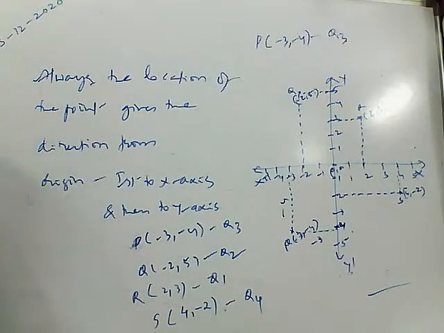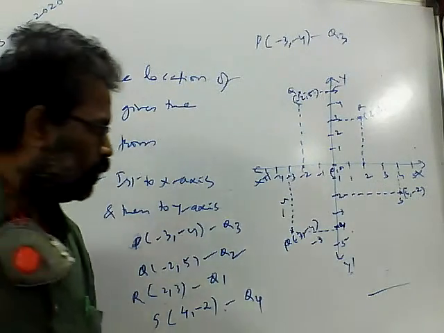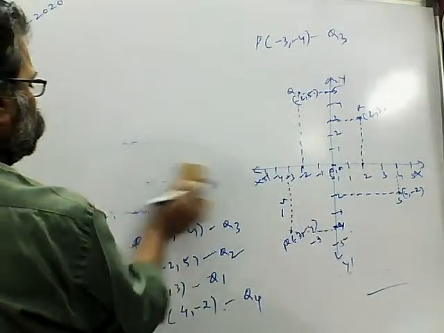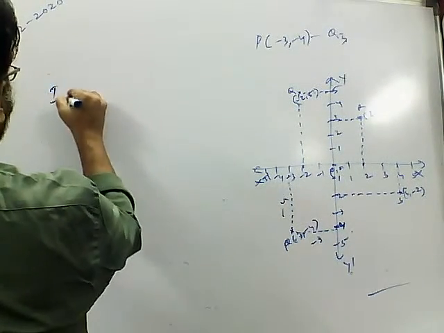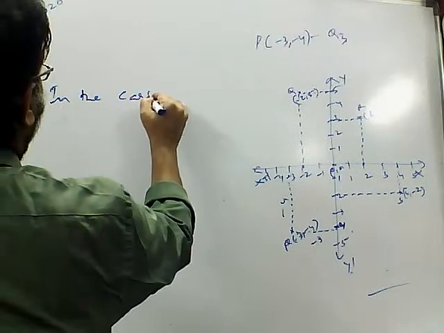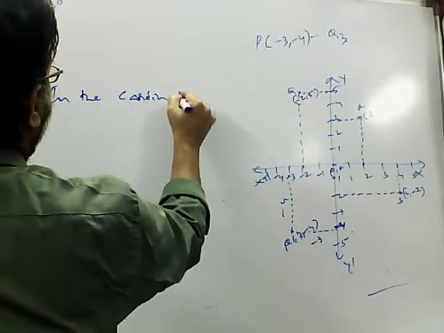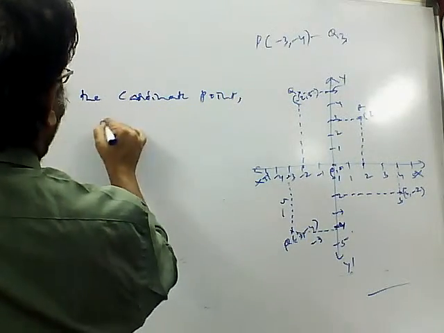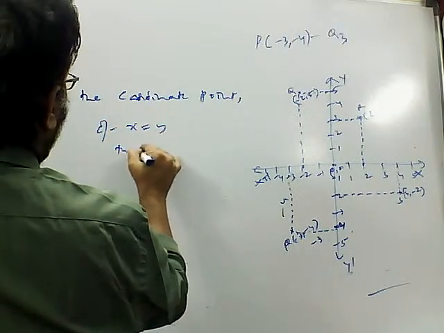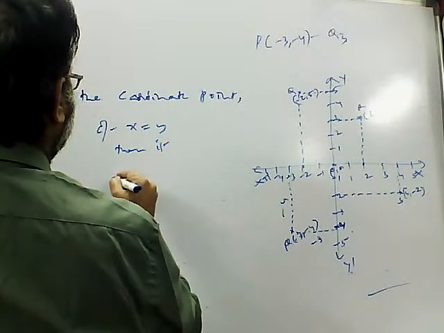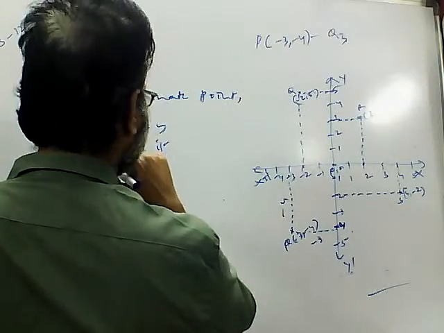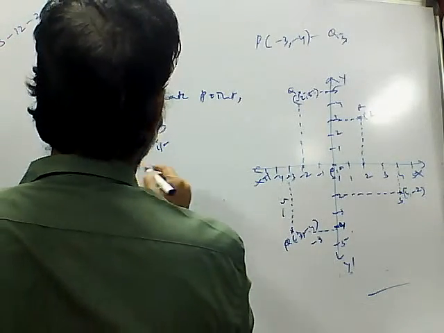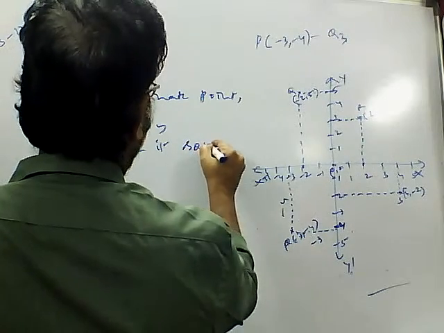Yes? Okay. Now, one more note. In the Cartesian point or in the coordinate point, if x is equal to y, then it is a square.